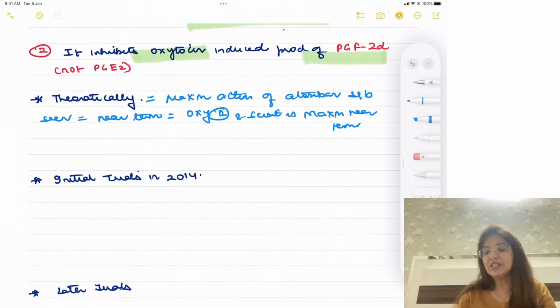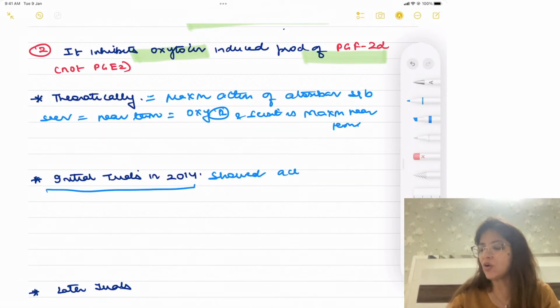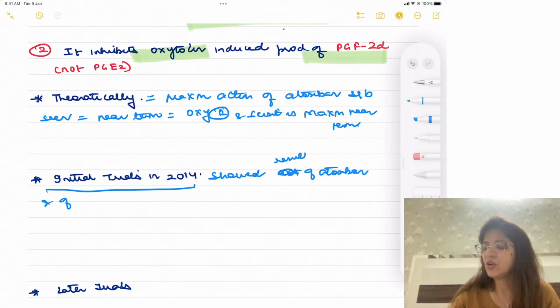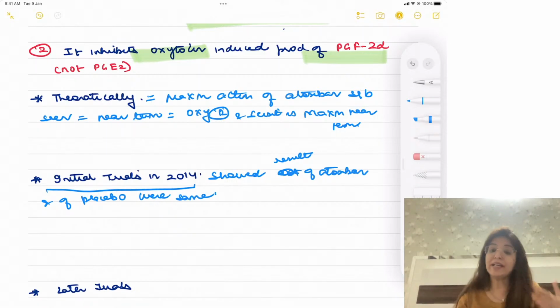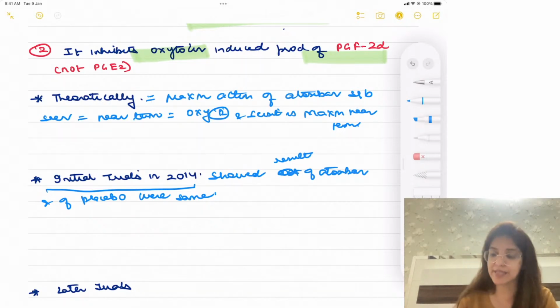Now, initial trials which were done in 2014 showed that the results of atosiban and of placebo were the same. So when the trials were done in 2014, they showed that if you are using atosiban in a patient of preterm labor and if you are using placebo in a patient of preterm labor, the results were the same.